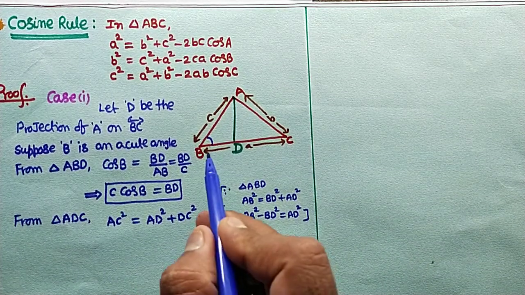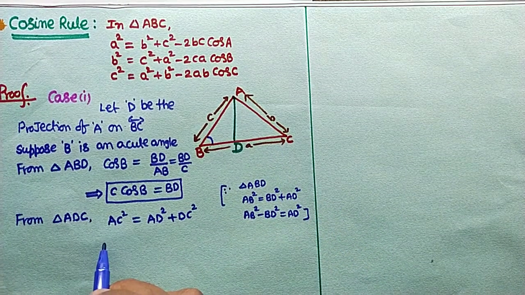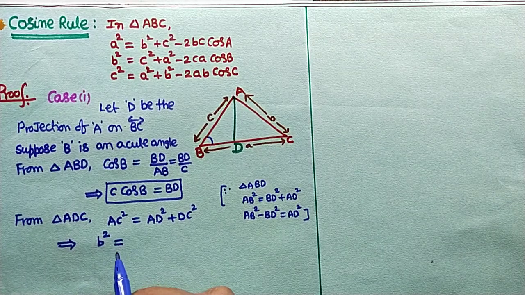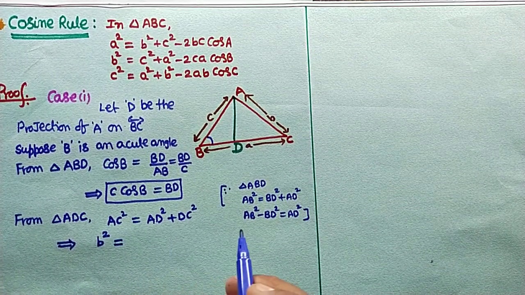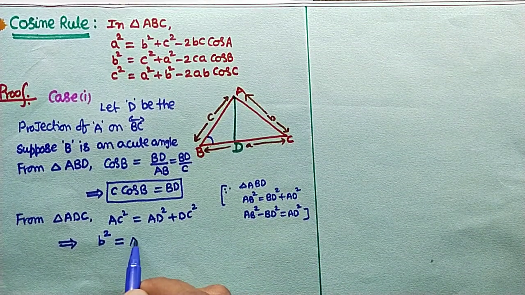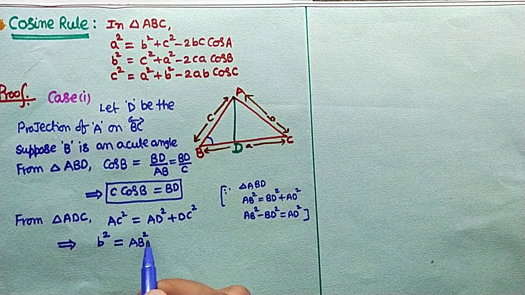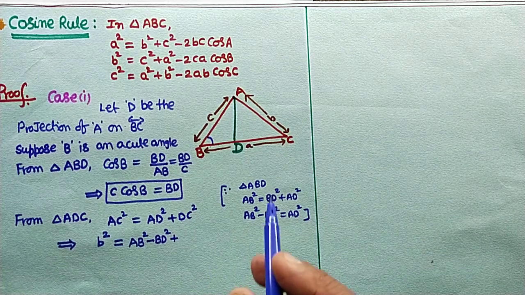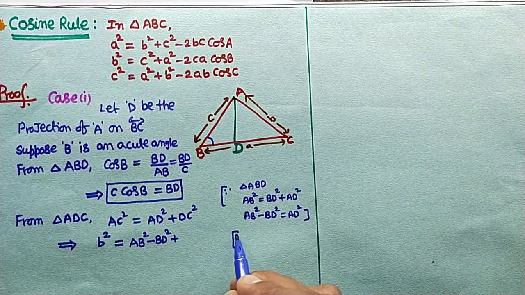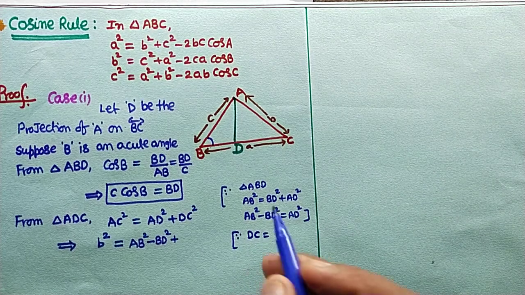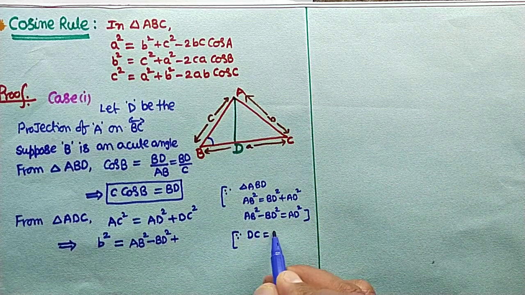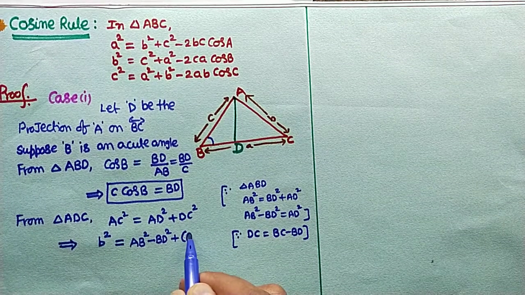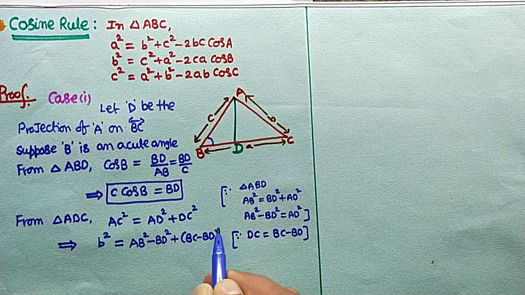So AC means small b. So small b square is equal to AD square plus DC square. In place of AD square, write AB square minus BD square. DC can be written from the figure as BC minus BD, so DC square means BC minus BD whole square.